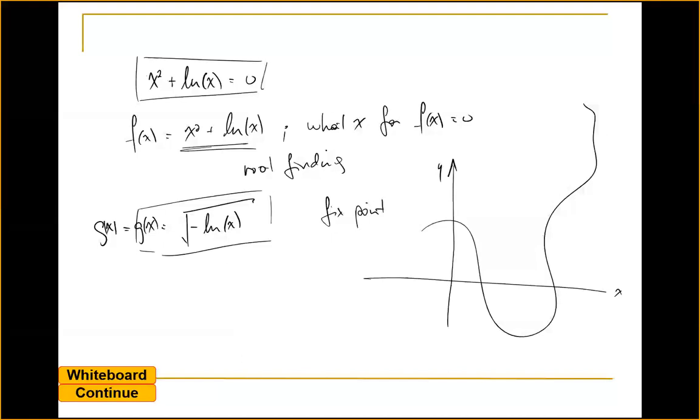No, you can have more than one input giving back the same answer. For example, sine of 0 and sine of 180 degrees or pi give you the same answer, which is 0.